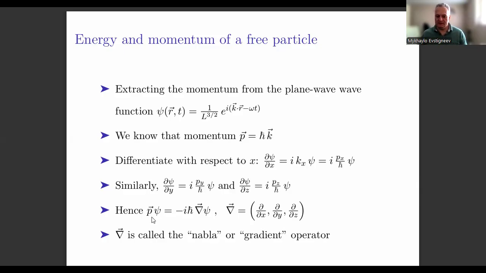And then we obtain that the product of the momentum vector and the wave function in a plane wave, written here, can be expressed as negative i times h bar times the gradient of the wave function psi.